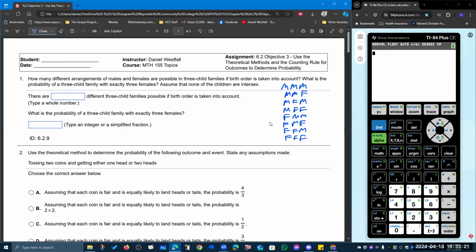Got all 8 options. There are 8 options, and I know that because there's 2 choices, male or female, for each child, and there's 3 children. So there's 2 to the third, or 8 possibilities there. What is the probability of having exactly 3 females? There's 1 of those out of 8, so 1/8.